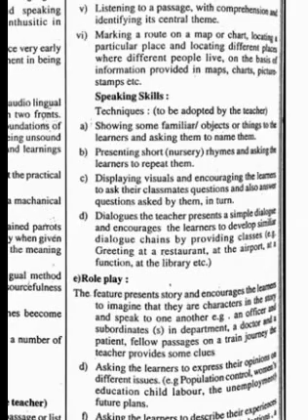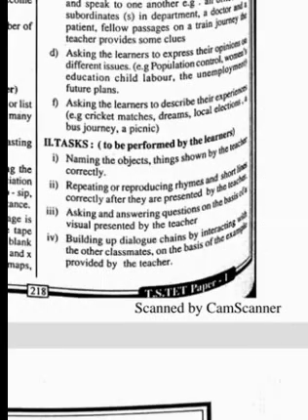Speaking skills: showing some familiar objects or things to the learners and asking them to name them. Presenting short rhymes, that means nursery rhymes, and asking the learners to repeat them. Tasks to be performed by the learners: naming the objects, things shown by the teacher correctly.